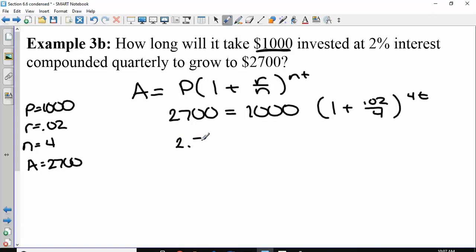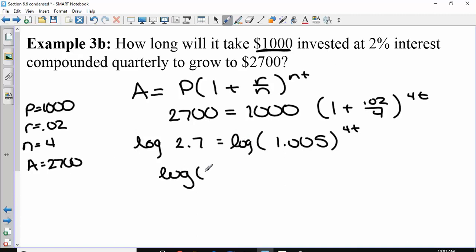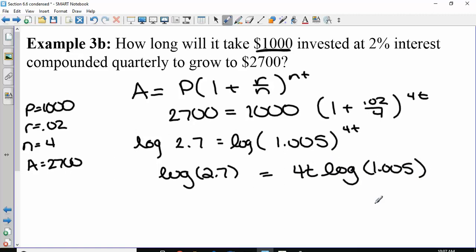Alright, so then we have to divide by the 1,000. 1 plus 0.02 over 4. We can simplify that a little bit. Then what would we do? Log. You can add either one, but we usually just do the regular log because we don't have an e. So log of 2.7 equals 4t log of 1.005.